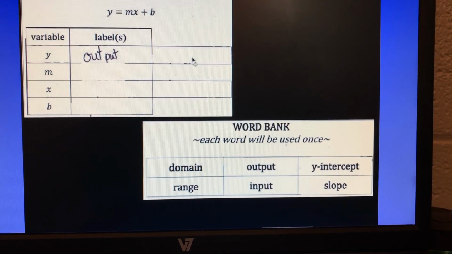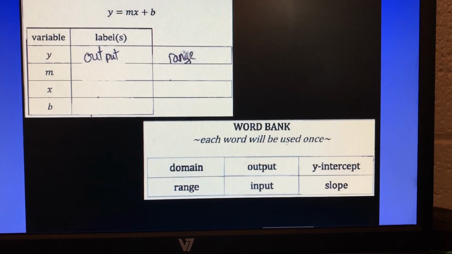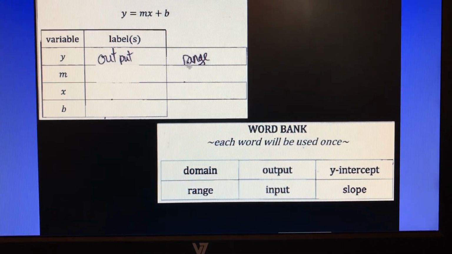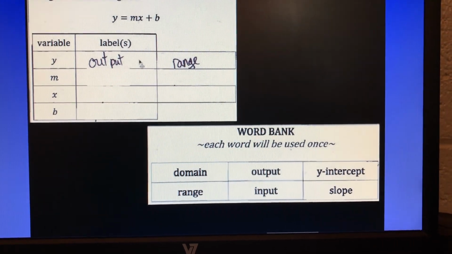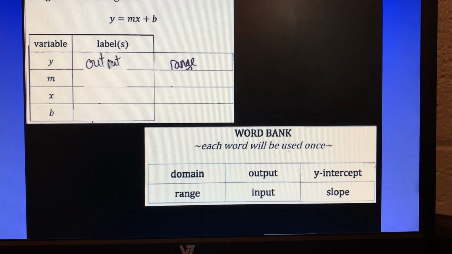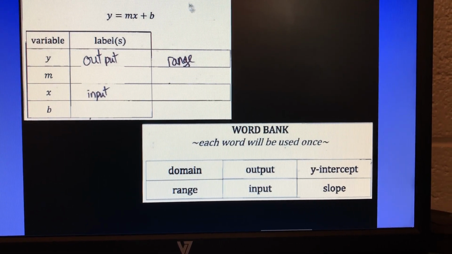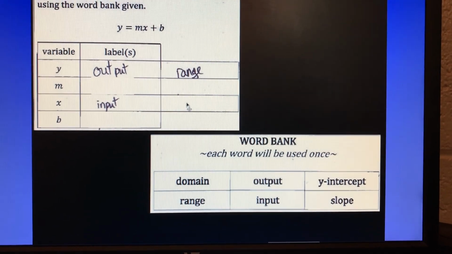And so your other label would be your range. So again, these are just review labels for your y. Then conversely, or opposite to it, is going to be your input and your domain.